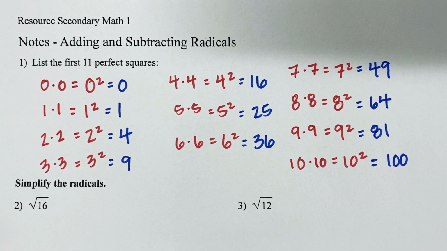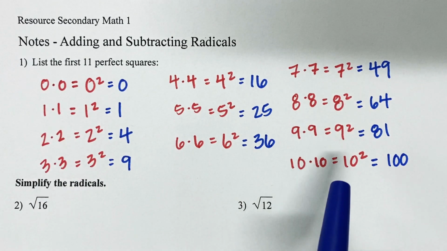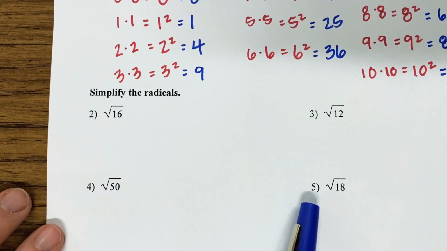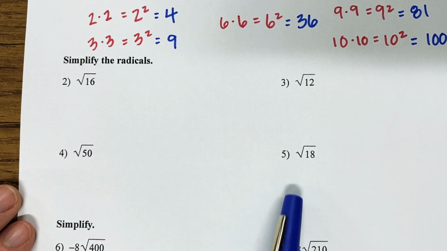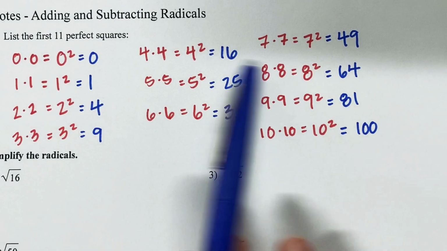So we've made our list of the first 11 perfect squares, 11 because if we go from 0 to 10, we get 11. Now what I want you to do is just look at 2 through 5. See if any of these numbers inside your radicals are also on your list.